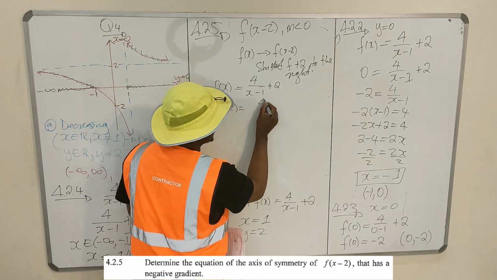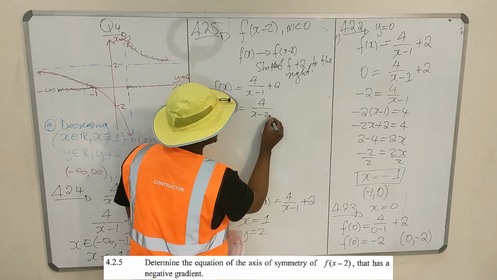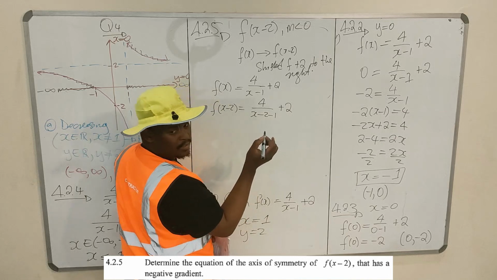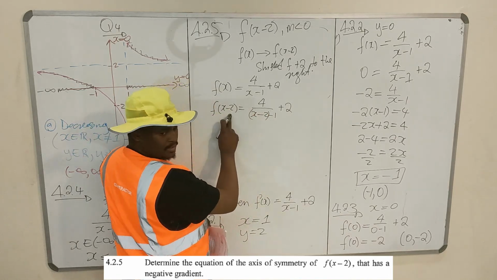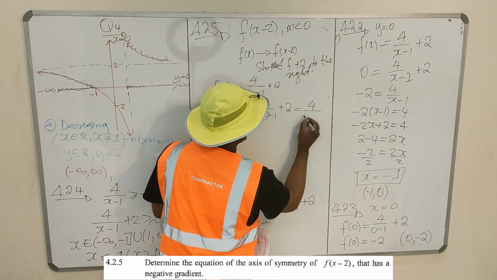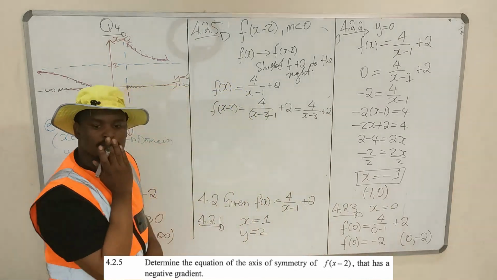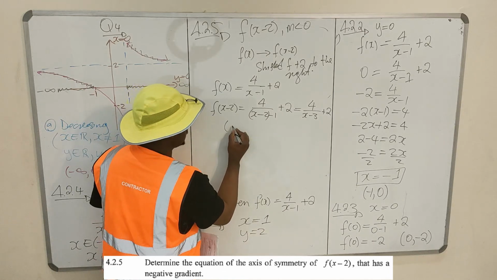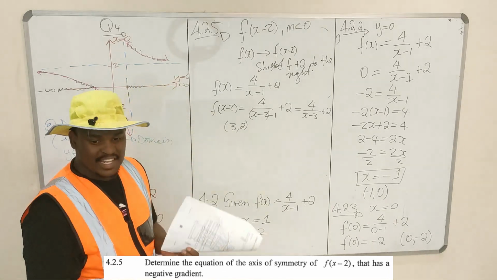So you have 4 over x minus 2 minus 1 plus 2. Do you agree? Yes. This is equal to 4 over x minus 3 plus 2. So your asymptotes meet at 3 and 2.